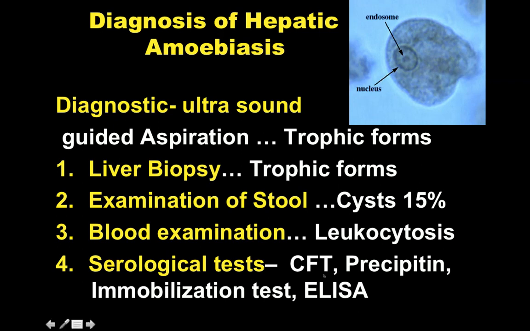This can be a complement fixation test, precipitation test, immobilization test, or ELISA. You just need to know the names now, because we will discuss this in detail when we move on to the chapter on serological tests.